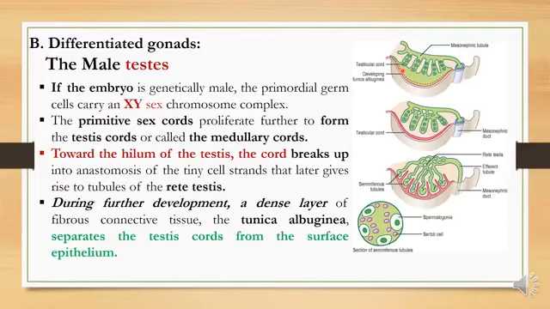Toward the hilum of the testis, the cords break up into an anastomosing network of tiny cell strands that later gives rise to the tubules of the rete testis.